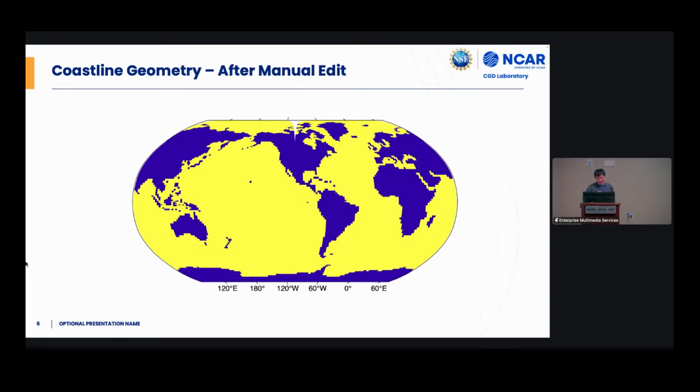We spent quite a lot of time doing manual adjustment of the coastline, and this is what the land mask looks like after the manual adjustment. We're expecting to do further adjustment once we start to tune the model.